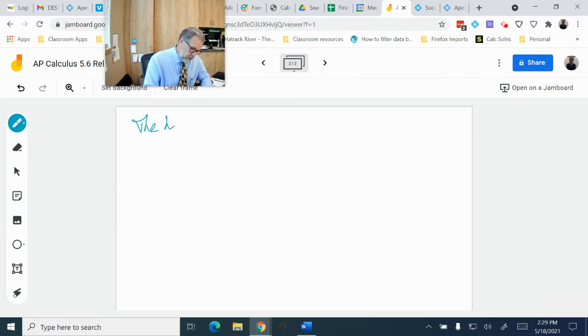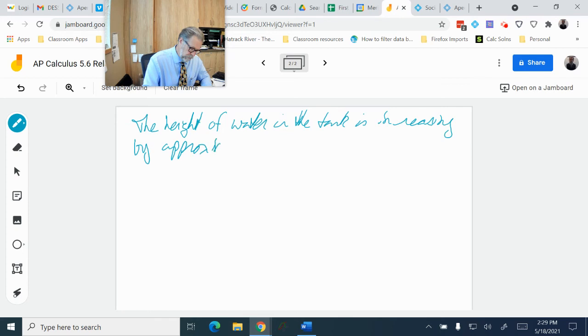The height of water in the tank is increasing by approximately 0.32 feet per minute.